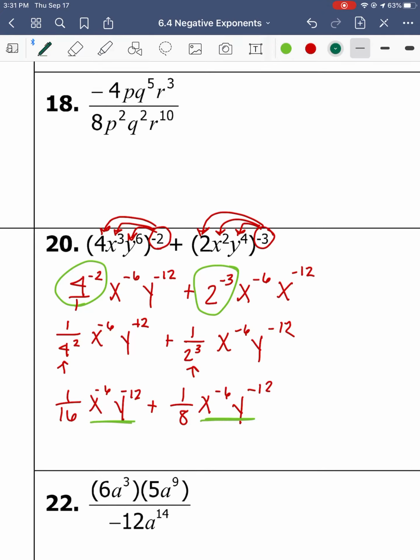So we can just add these by adding our constants here. So first we'll have to make this 1/8 into a fraction with 16 as a denominator. Okay, so we'll have 1 over 16, and then x to the negative 6, y to the negative 12.